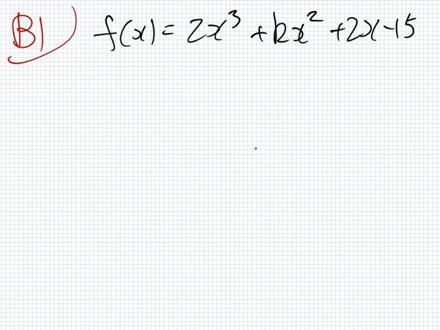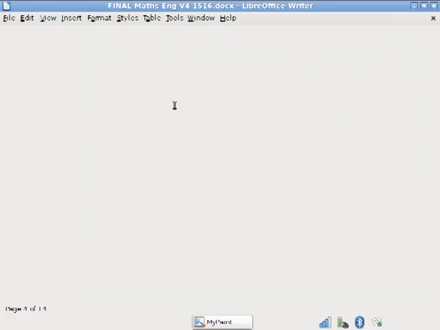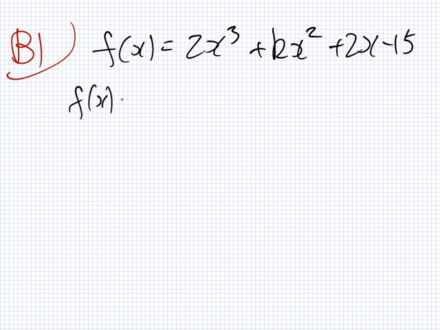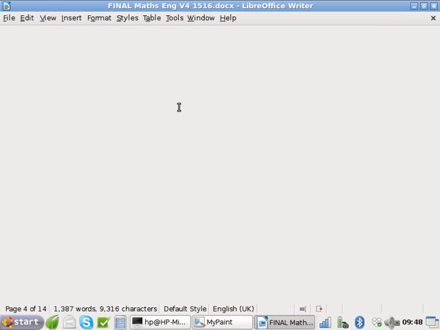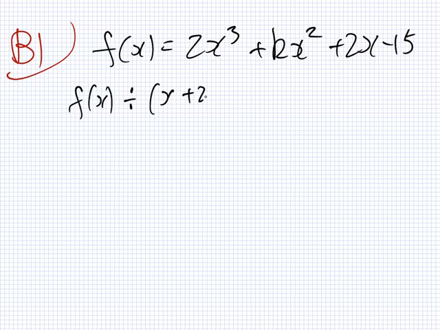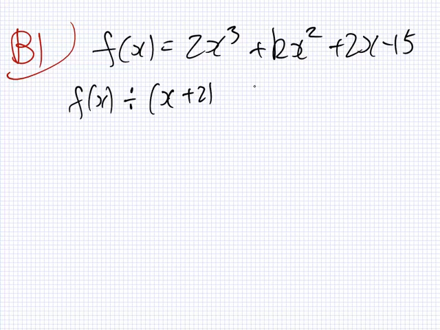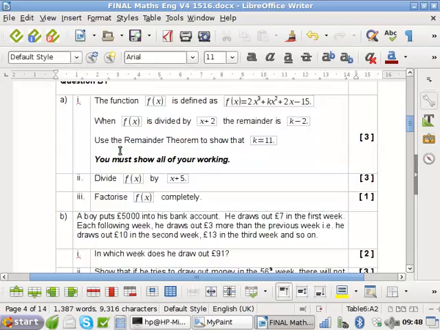When f(x) is divided by x plus 2, the remainder is k minus 2. Find k.